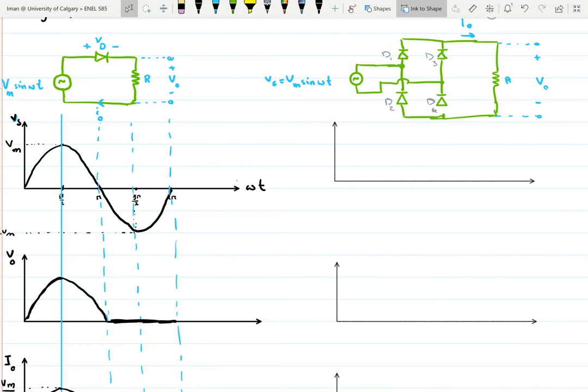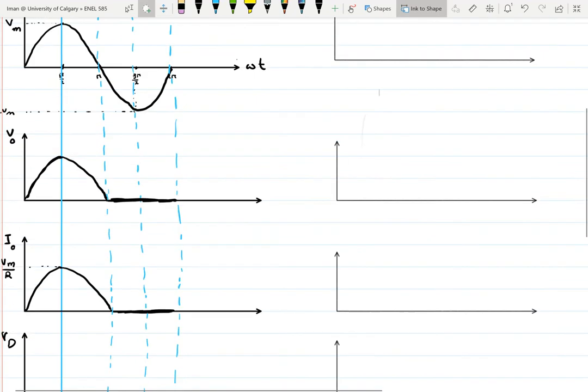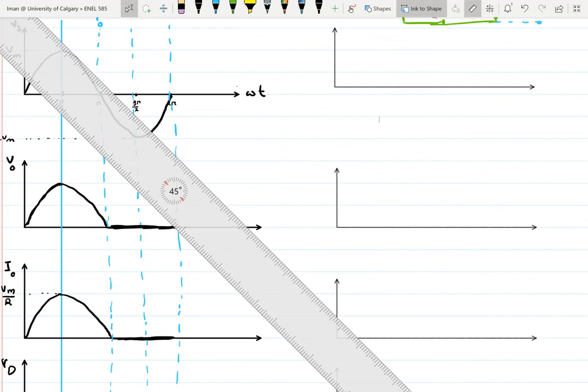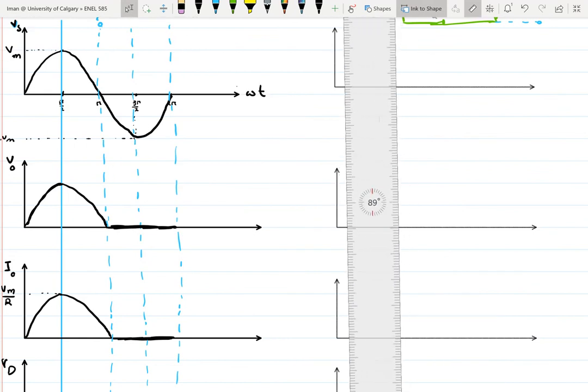Okay, so we'll do the same thing that we did before. Maybe I'll use this little ruler here.